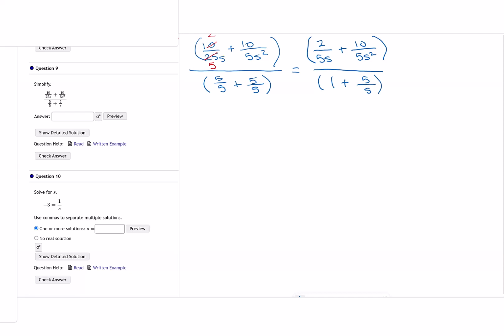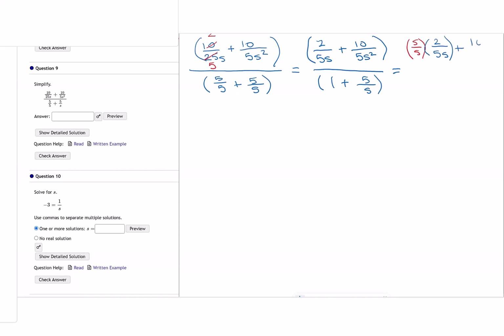You can see that simplifying is going to simplify things for us as well, because to get a common denominator for the numerator, we're going to multiply the first term by s over s times 2 over 5s.